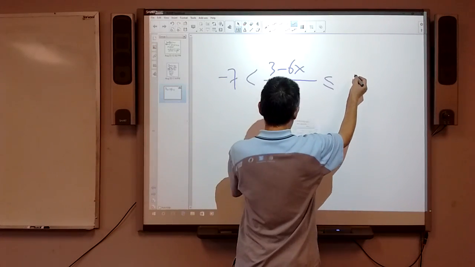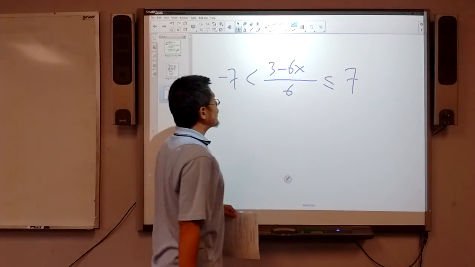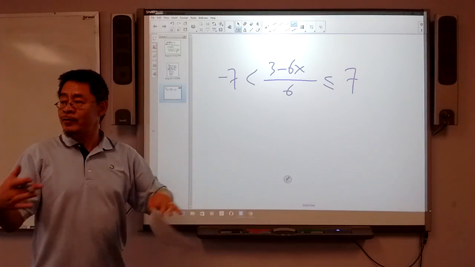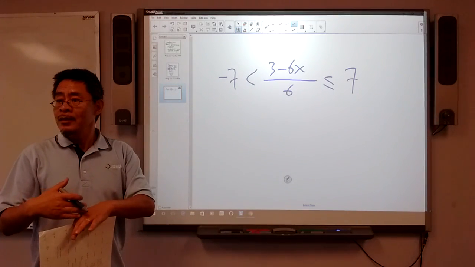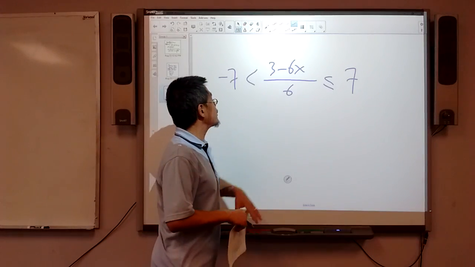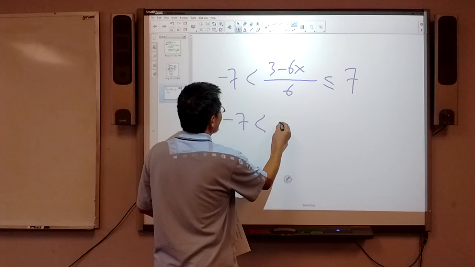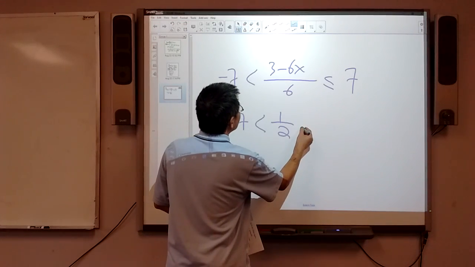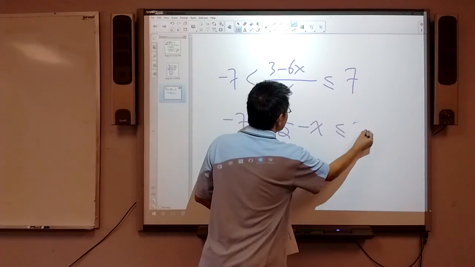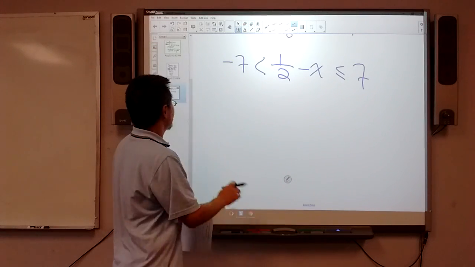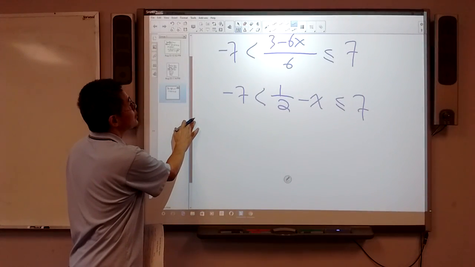So this is how we're solving this one. Basically, this is a combination of two inequalities. If you want to look at it in this way, there's one way to look at it graphically, with this minus x, right?